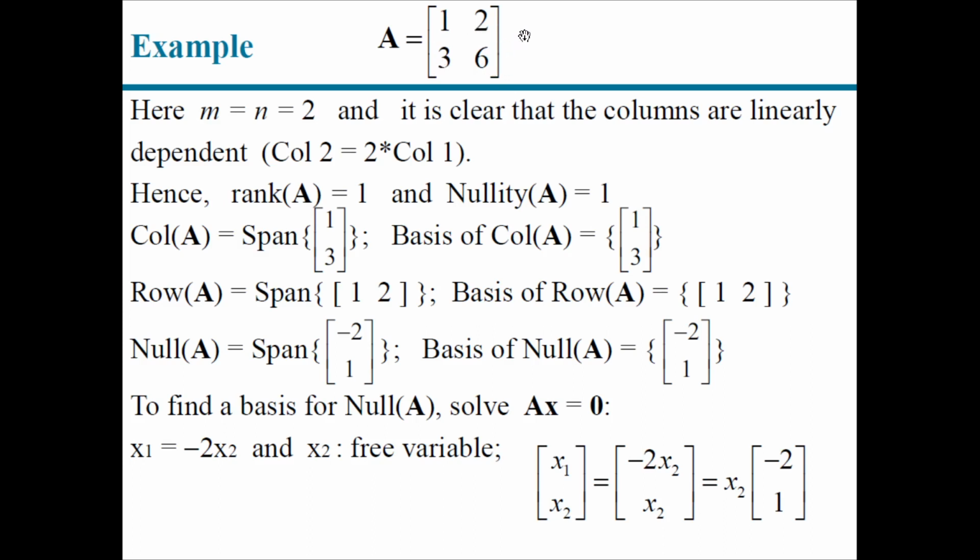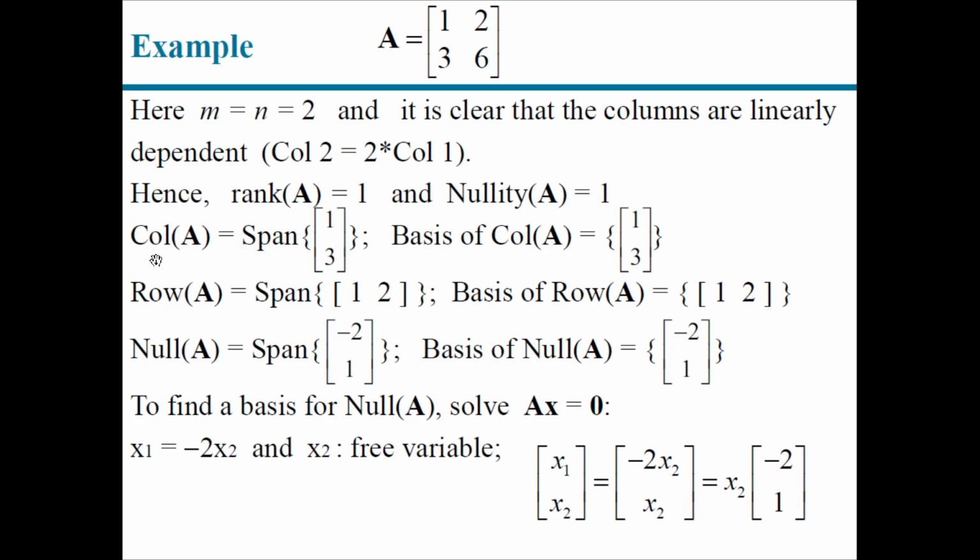So I have one linearly independent row, so the rank is 1, and I also have one linearly independent column, obviously. From the rank plus nullity theorem, I know that rank plus nullity is equal to the number of columns. Here the number of columns is 2, rank was 1, so nullity must be 1. So I have that immediately using the theorem. Very simple.